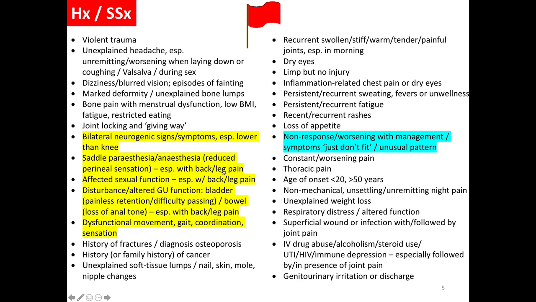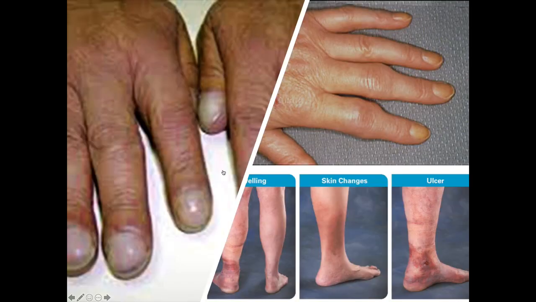As you can see there in blue, that's one of our key red flags when we're treating, because if we're not too sure, but it kind of looks weird, it doesn't really respond to the treatment, it's got an unusual pattern, that could be, or that is a red flag sign or symptom. But we are looking for clusters, so 2 or more of these things together.